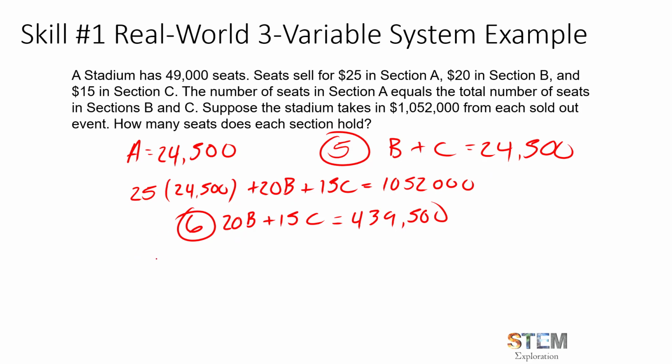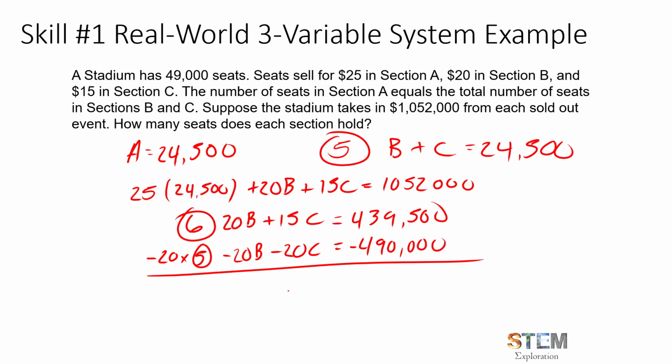So I'm going to take equation 5 and multiply that by negative 20. Just strategically picking my point. And so that'll give me negative 20B minus 20C, and if I take 24,500 and multiply that by -20, that'll give me -490,000.